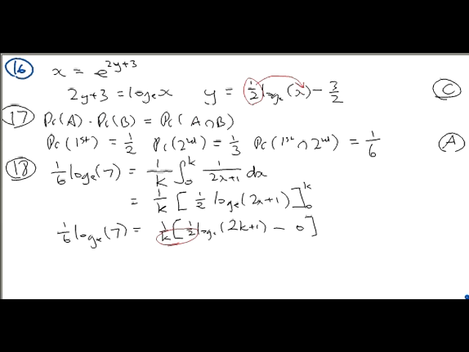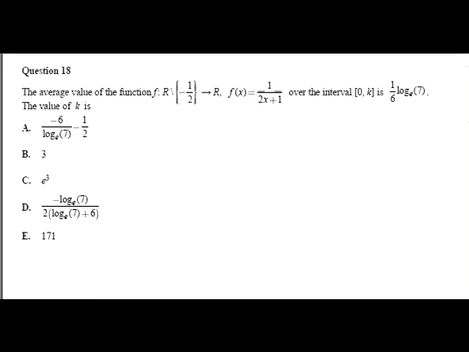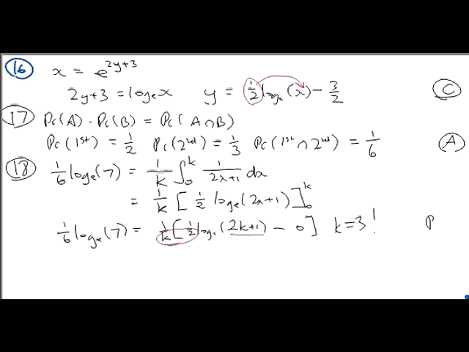I mean, you could swap things around, but let's just try that. So k equals 3 is going to work, and oh look, if you stick that inside here, k equals 3 is also going to work. And so you can sort of conclude, great, k equals 3. And if k equals 3, then the answer is B. Done.